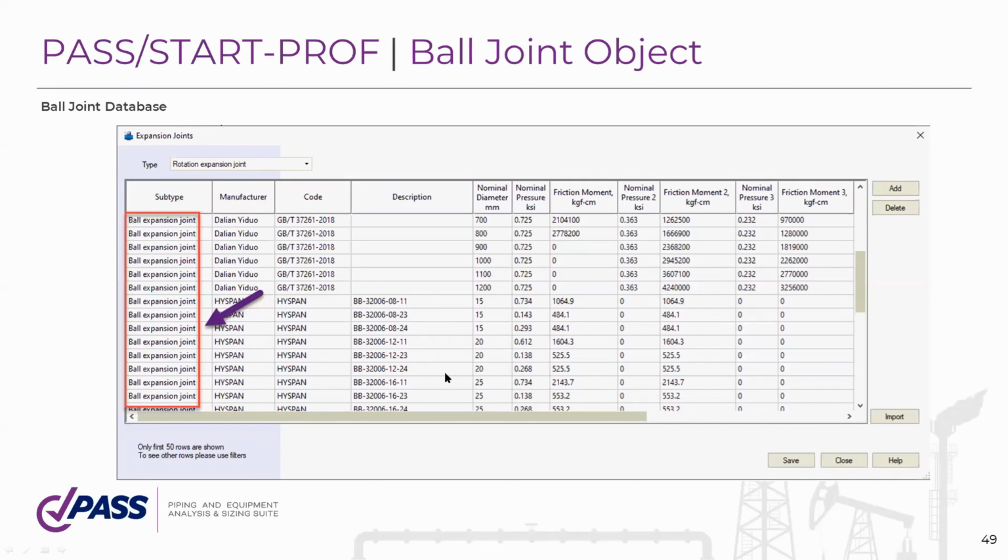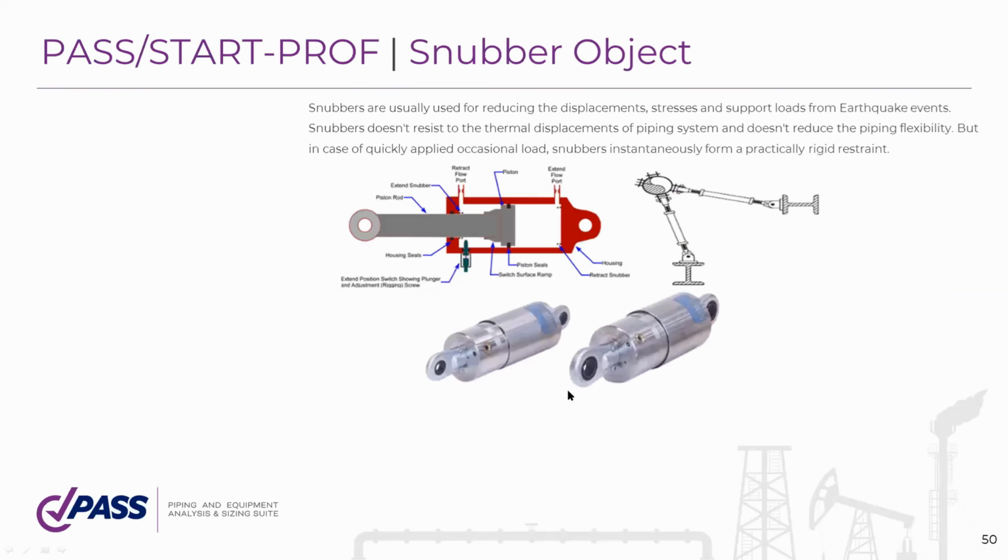So you can just take the needed ball joint, insert the ball joint object in START-PROF, and click to get it from the database. That's very quick, very easy. You don't need to deal with the friction moment values. Another feature that we added in the new version is the Snubber object.